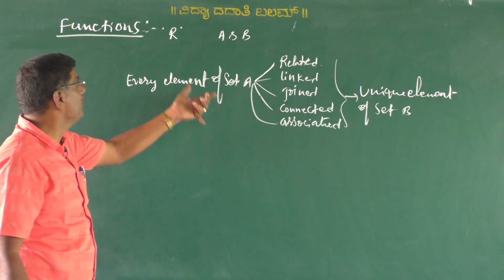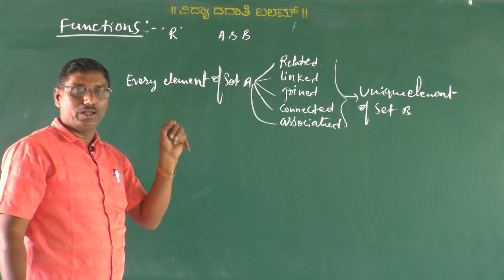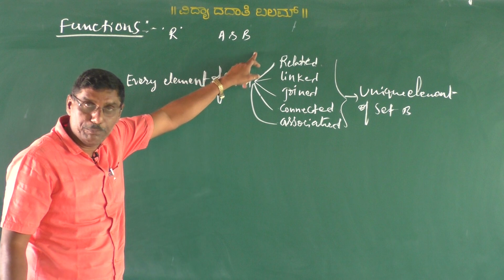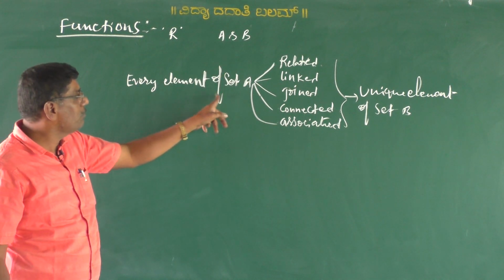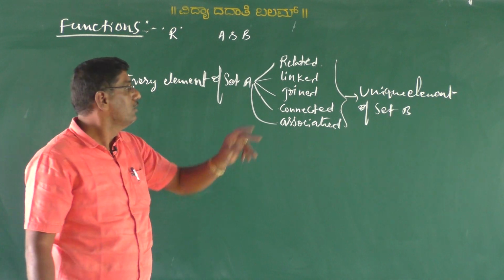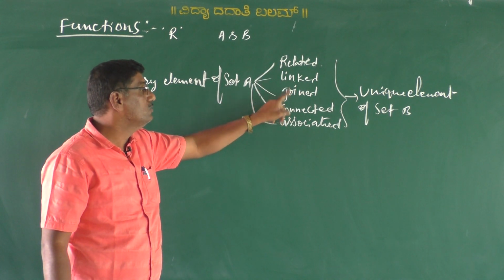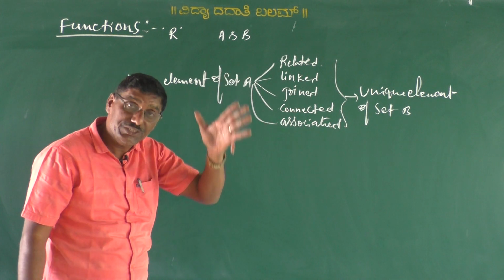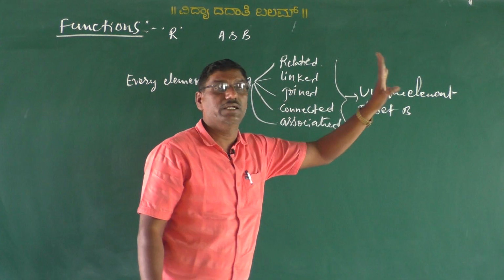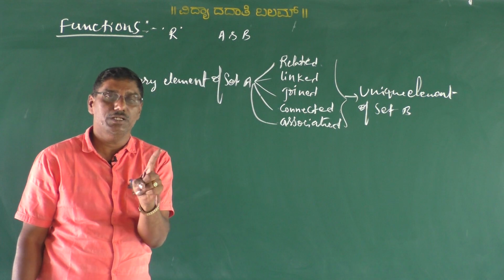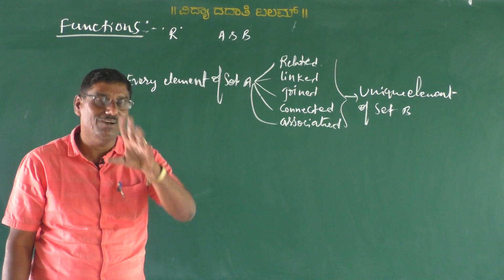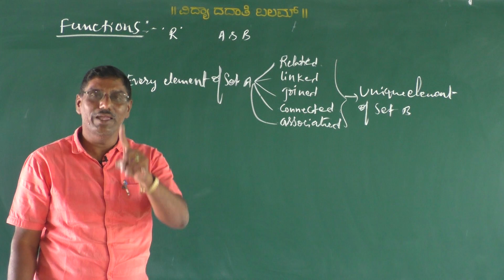This is the definition of a function. A relation R is said to be a function from a set A to a set B if every element of set A is related to a unique element of set B. That is one element of set B, not two elements, only one element.